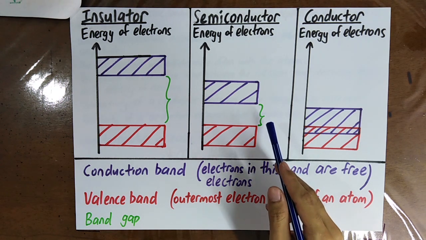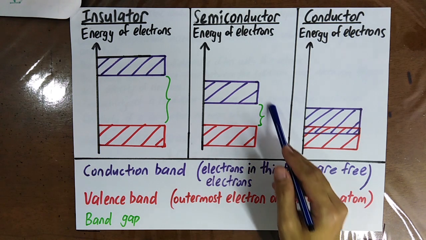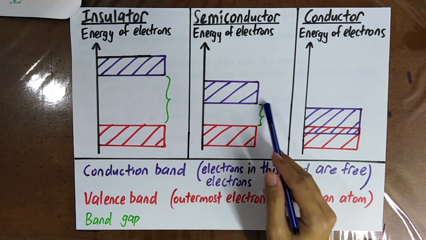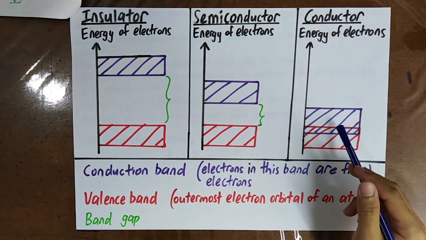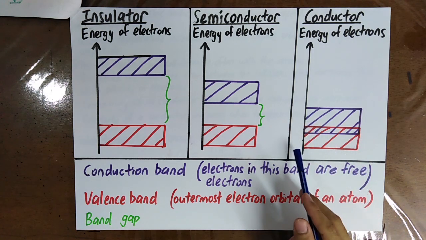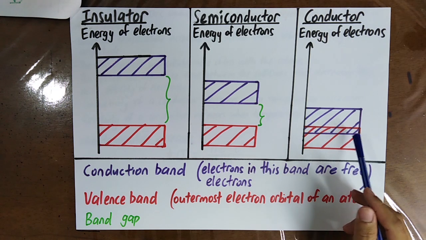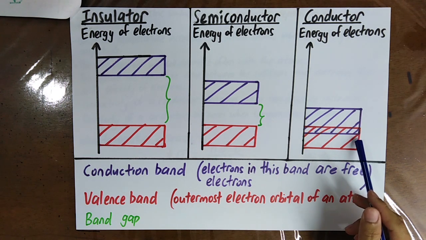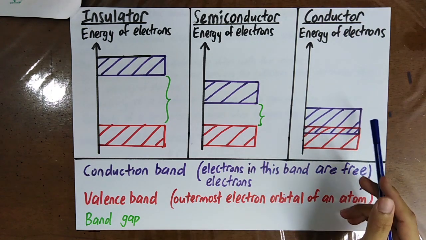If you want to give electrical potential energy so that it can be promoted to a free electron, then you have to use some power source, maybe a battery. And for the conductor, since the bands are overlapping, the electrons do not need any more energy to be promoted into the conduction band because they are already inside the conduction band.